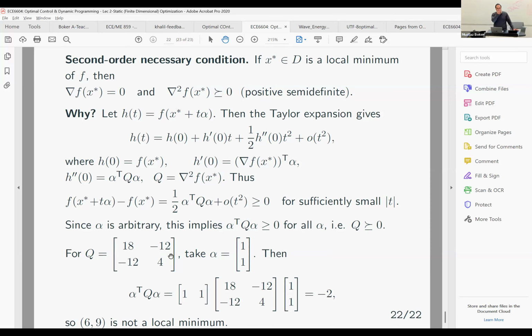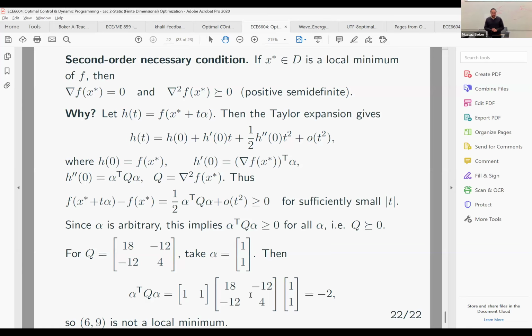Yes, go ahead. Since we proved that it's not positive definite, this is not enough for us to say there is no minimum in this? Yes, exactly. And in fact, it's indefinite. So this is not a positive definite, nor a negative definite matrix.